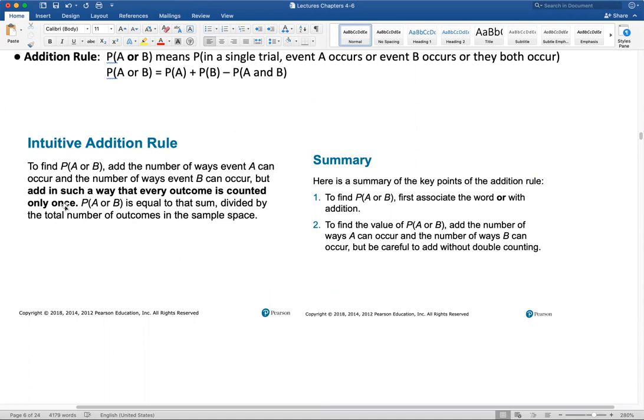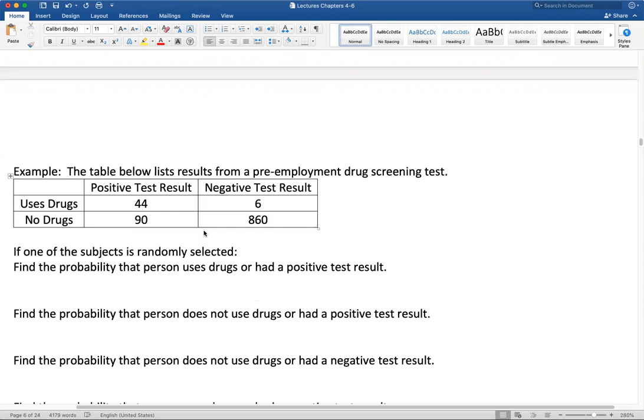That's why we subtract the probability of A and B. Now let's see examples.